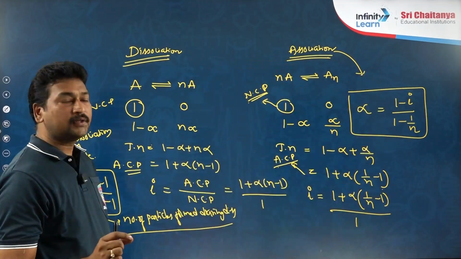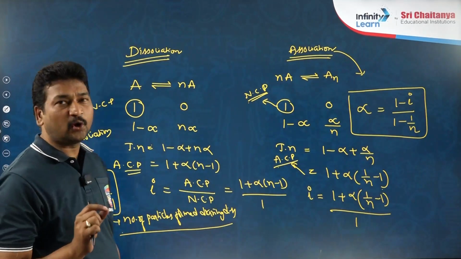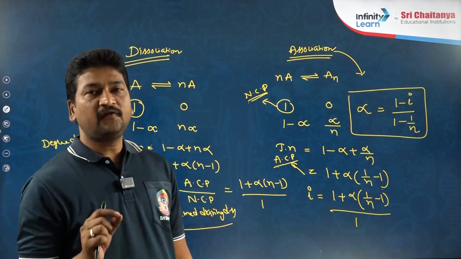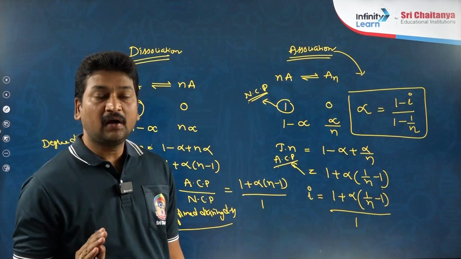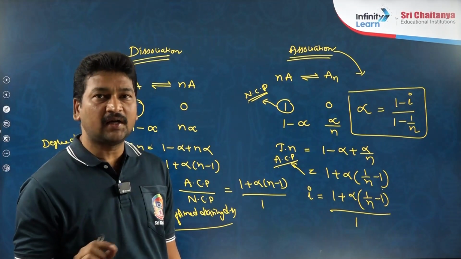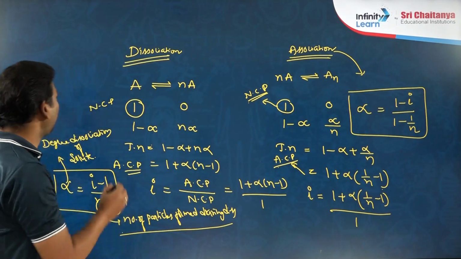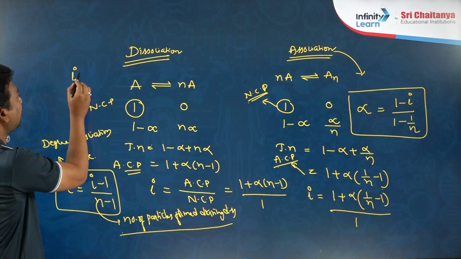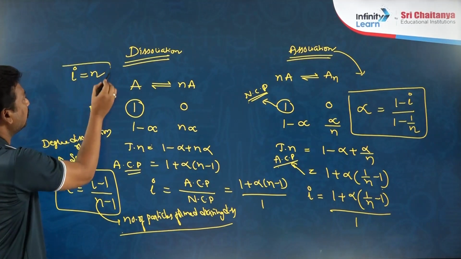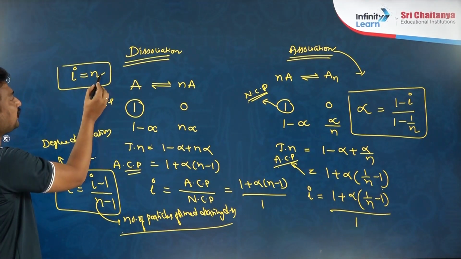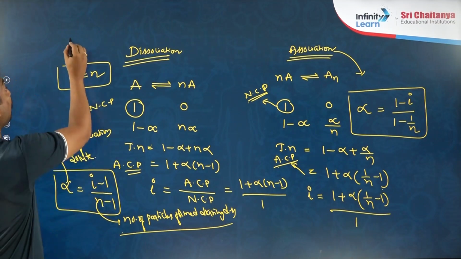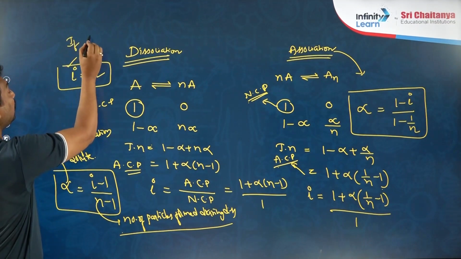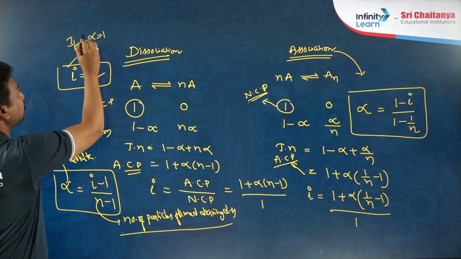And suppose alpha is not yet mentioned, or alpha is given as 100%, then we can take the i value as n during the dissociation. The number of particles formed after the dissociation can be taken as the van't Hoff factor.